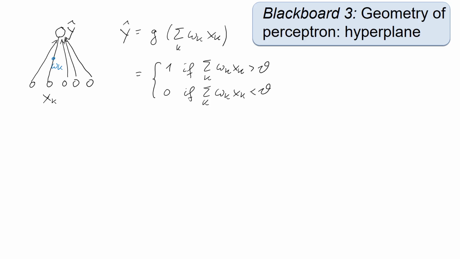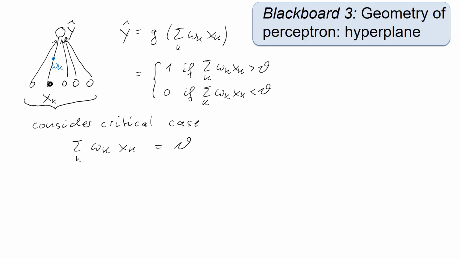So let us now consider the critical case. By critical case, I mean that the sum k, wk, xk is equal to theta. So I've already pointed out that xk is one of the components of the input, and the input as a whole can be considered as a vector. That's the input vector. For example, one pattern would be vector x mu.